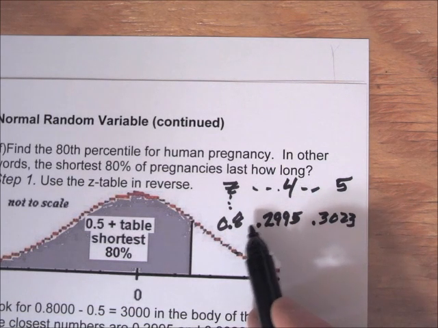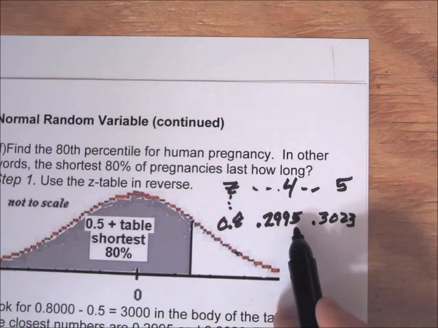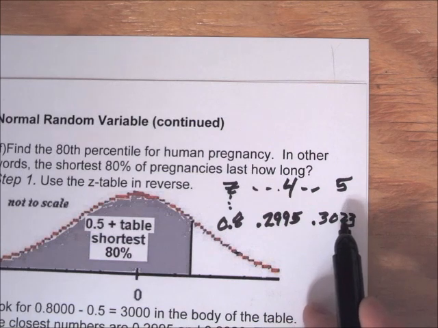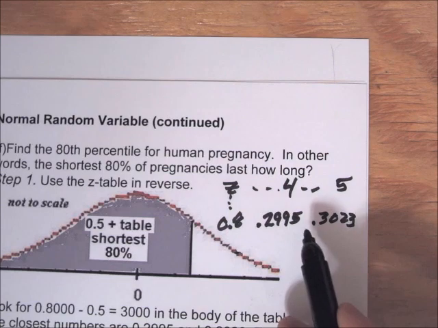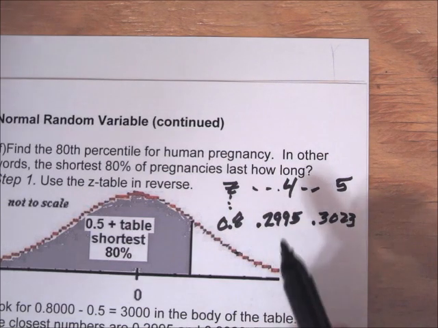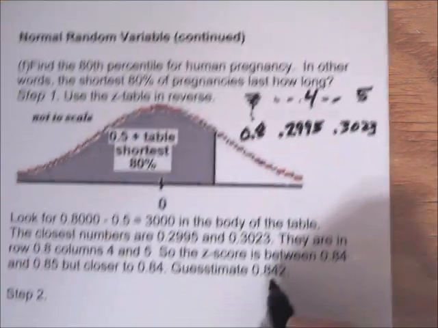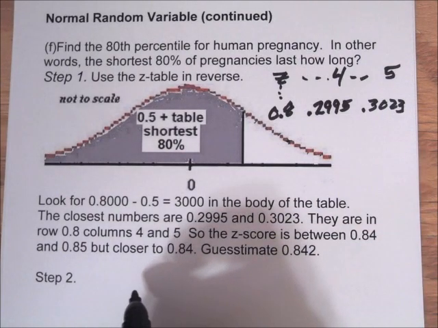The z-score is going to be between 0.84 and 0.85. It's going to be closer to 0.84, because the last digit here is off by 5, and this one's off by 23. I would estimate maybe about 0.842 for the z-score.